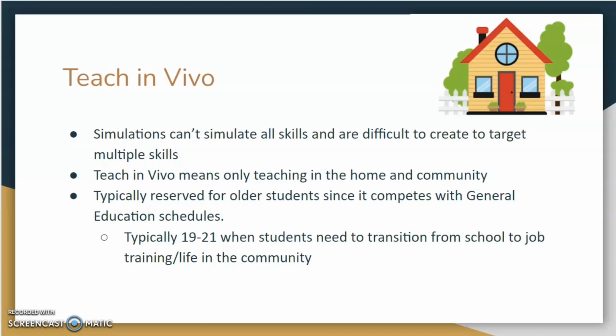Now, typically teaching in the home or in the community is reserved for older students, since that time typically will compete with the general education schedules or classes. You'll see a lot of students that are 19 to 21 that are going through the transition from school to job training or life using teaching in vivo to help them grow within their skills.